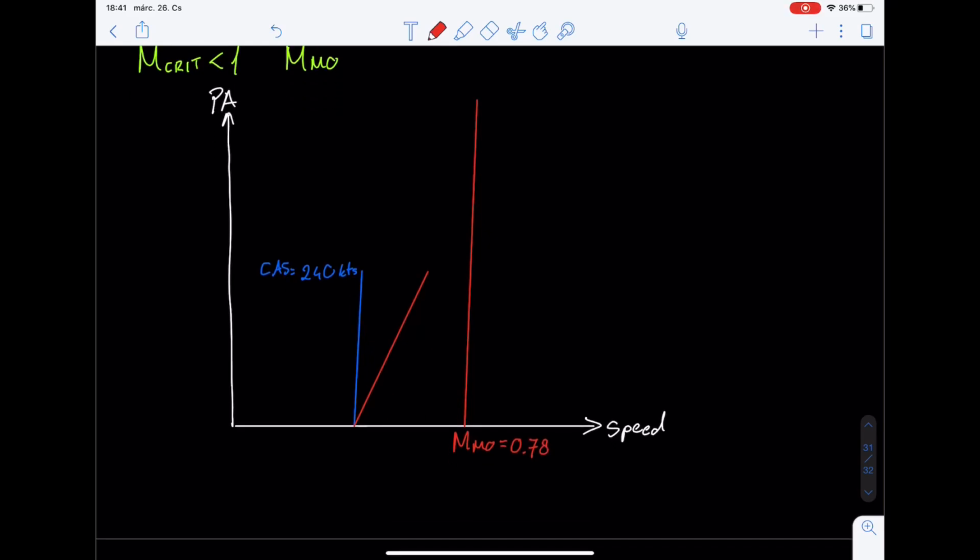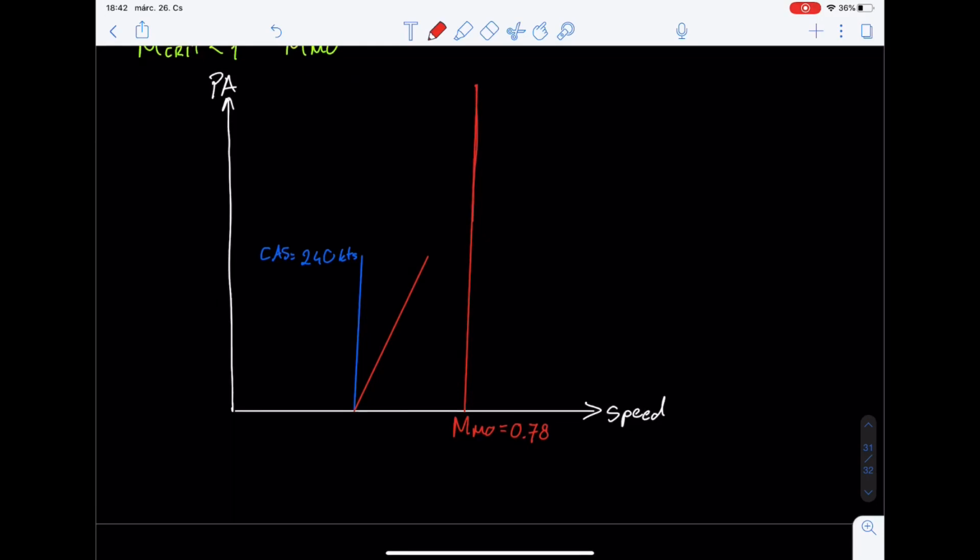This is not maintaining a constant Mach number. This is a limitation. So this line is a limitation, not maintaining a constant Mach number.